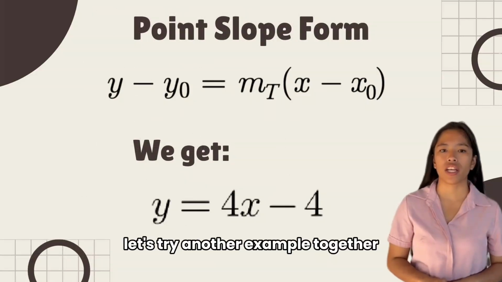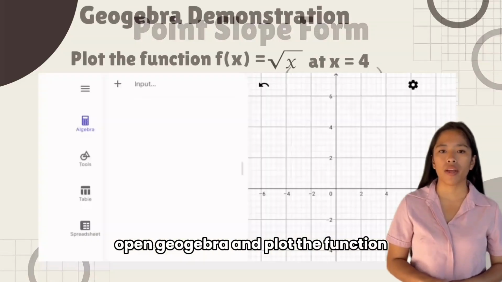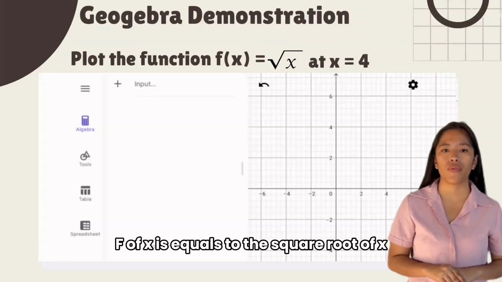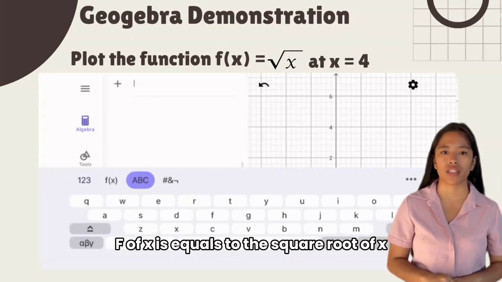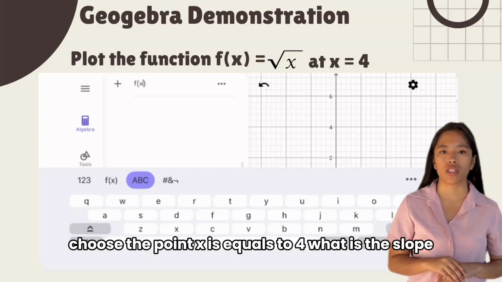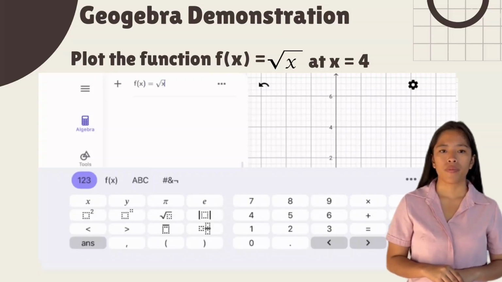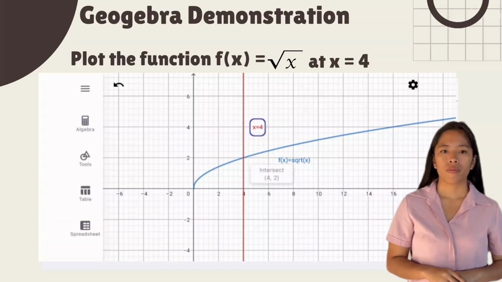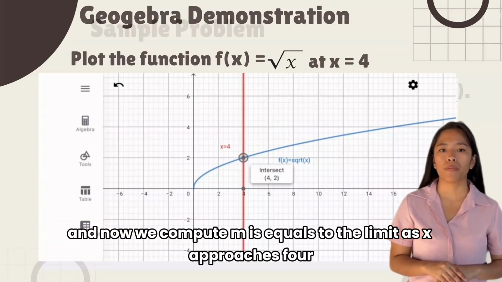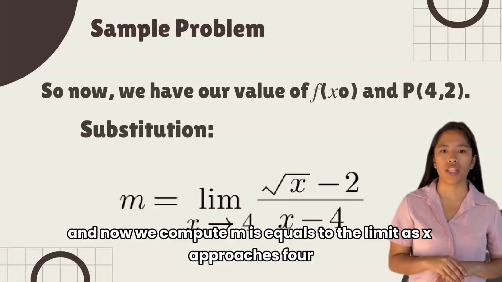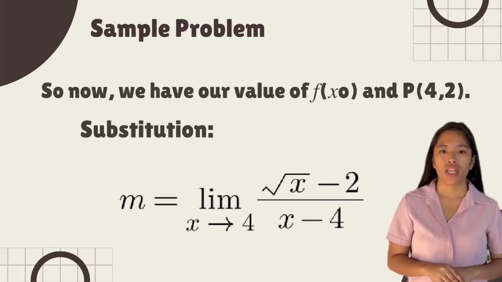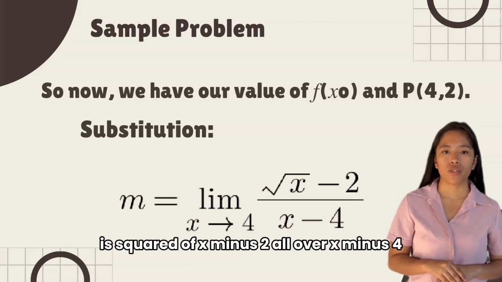Let's try another example together. Open GeoGebra and plot the function f of x is equal to the square root of x. Choose the point x is equal to 4. What is the slope? And now, we compute. m is equal to the limit as x approaches 4 of the square root of x minus 2 all over x minus 4.